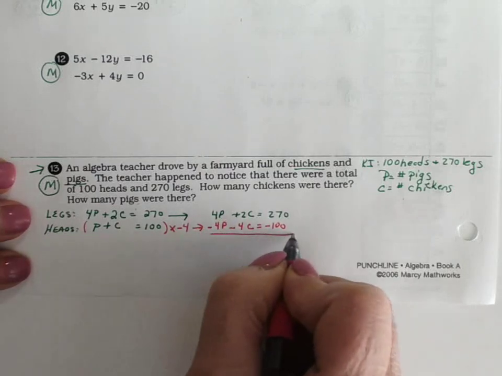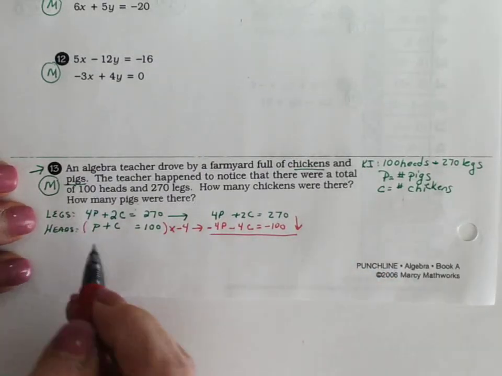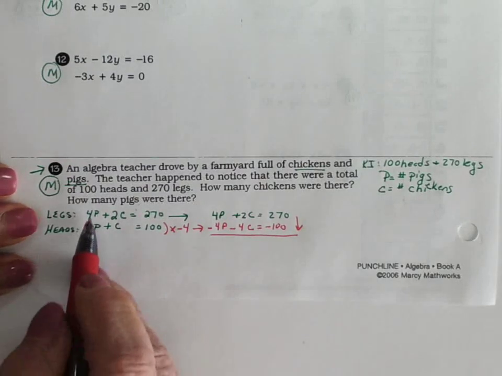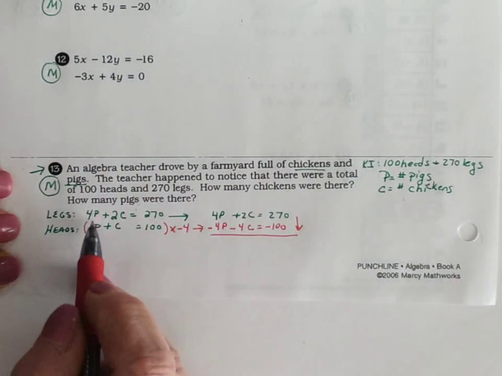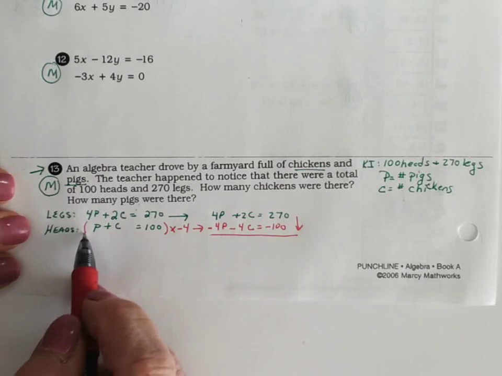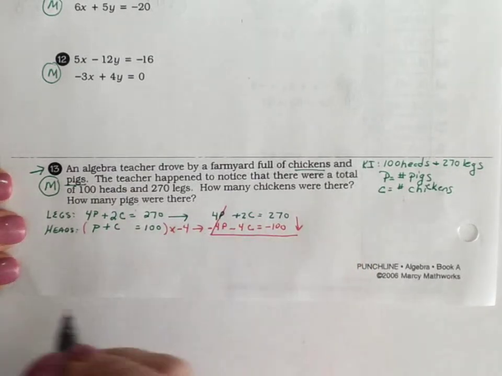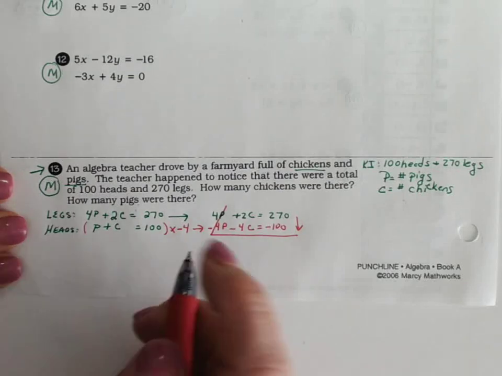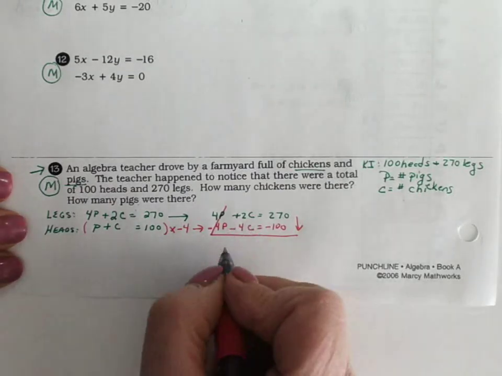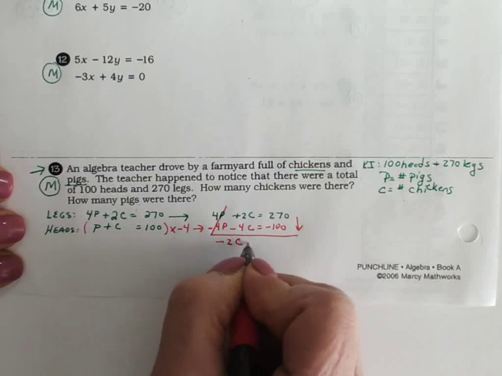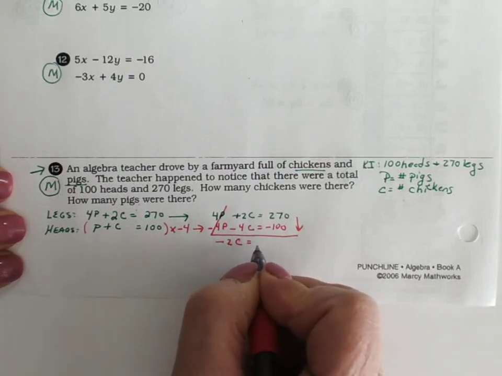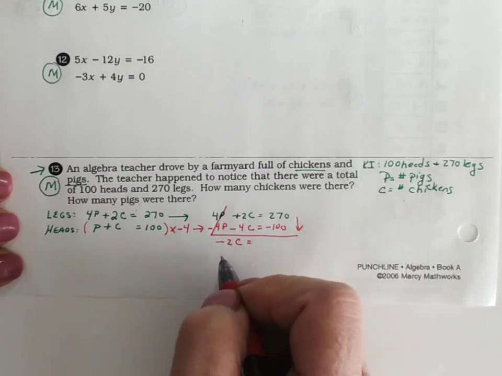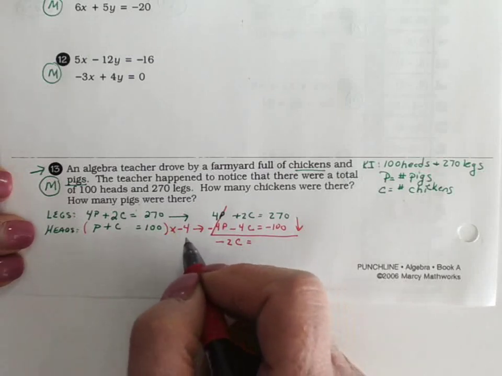And notice that I didn't have to multiply both equations. I just have to take care of multiplying the equations so I can eliminate one variable. So in this case, I was able to eliminate the p. I get negative 2c equals, okay, what did I do wrong?